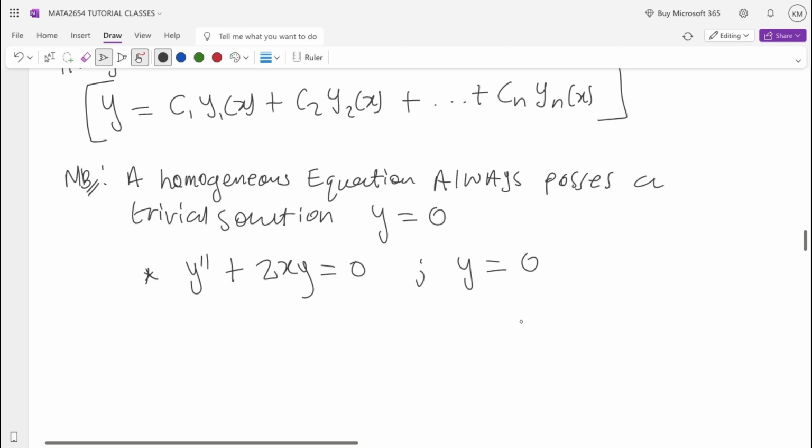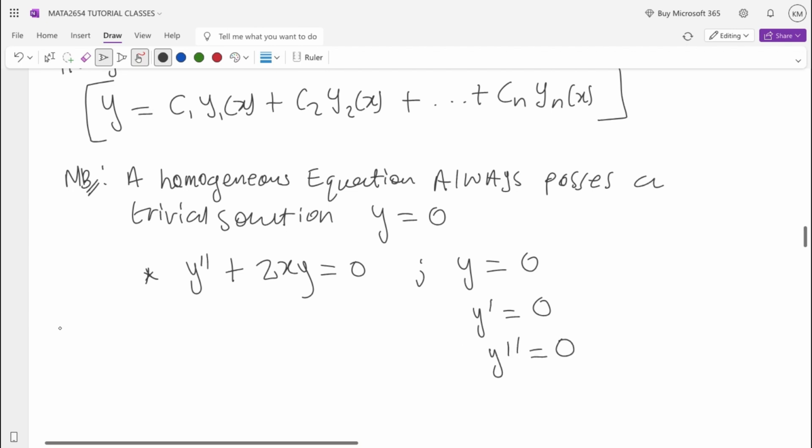So what we are going to do here is verify that y equals zero is indeed a solution. Verification of a solution doesn't change. We take y prime of zero, which is just zero, and y double prime will also be zero.